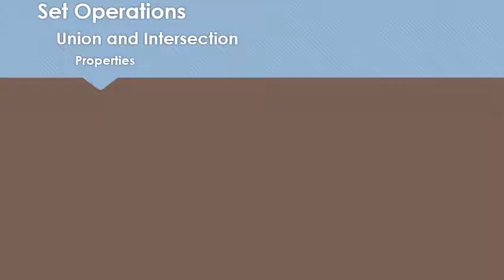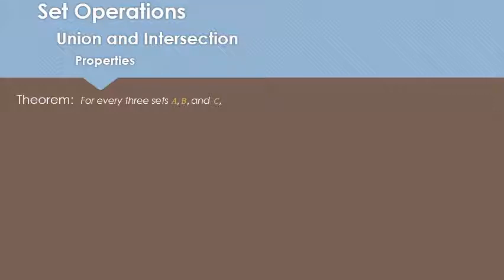Remember that with statements, our objects were statements, we had operations on those things called conjunction and disjunction. And along with those operations, we had laws that told us how they work. So same thing is going to be true here with union and intersection. With disjunction and conjunction, we had a theorem that described the laws.